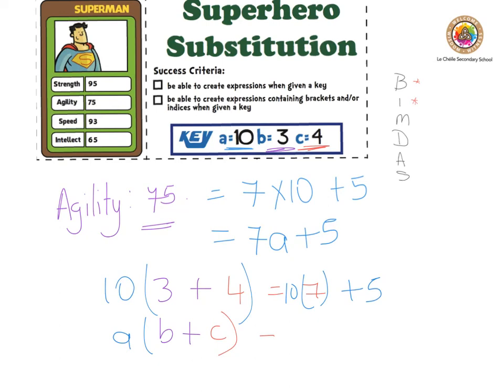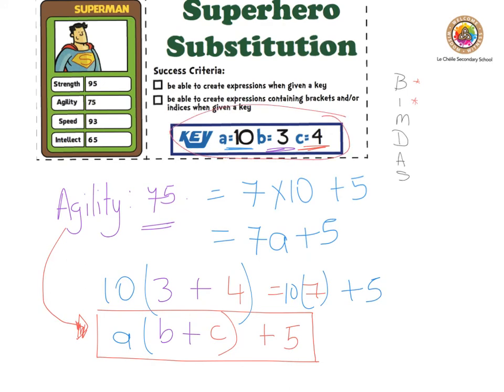I was almost forgetting to write in my plus 5. Well, all of that should give me 75. So there we have another way of calculating Superman's agility, just using the algebra, using the key that we have here.